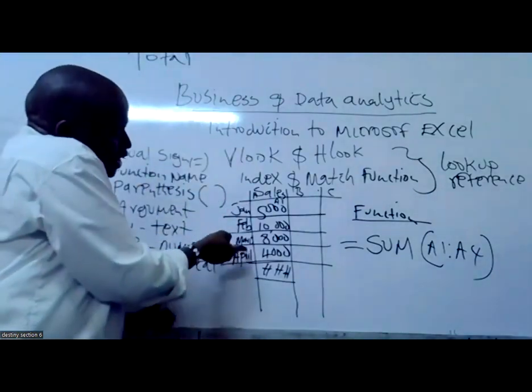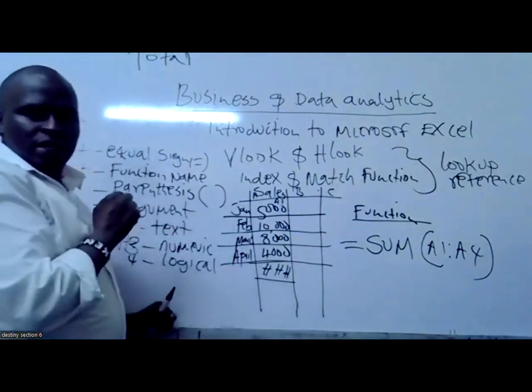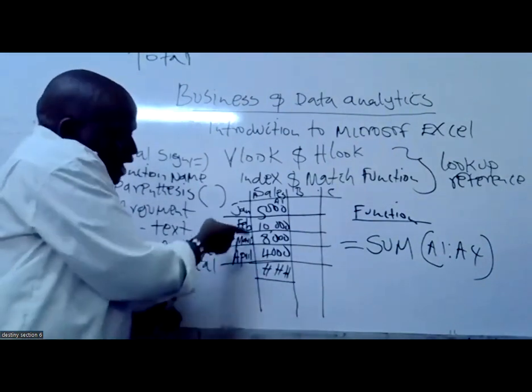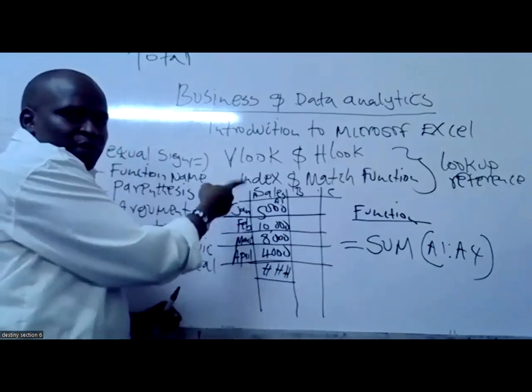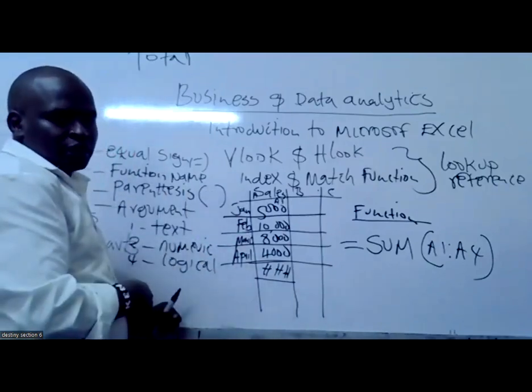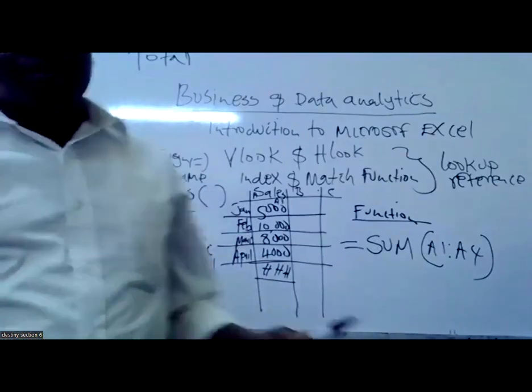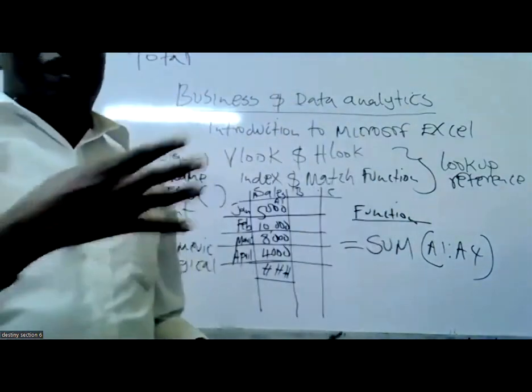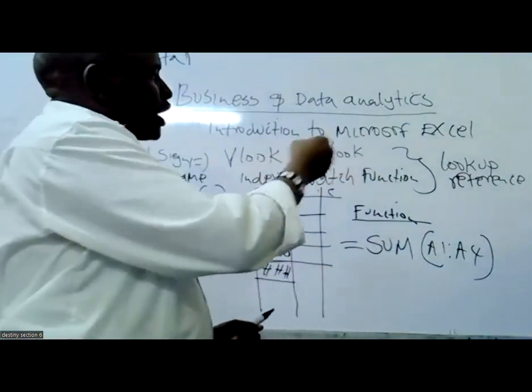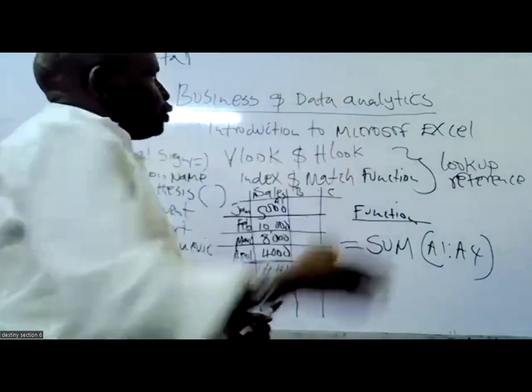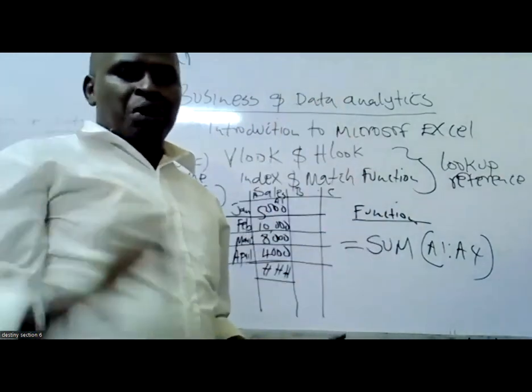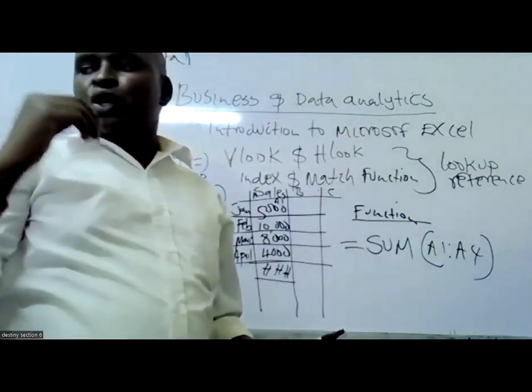So these are the precedence of this. So this total is derived from these cells. Okay? So anyway, it was just about the introduction to Microsoft Excel.